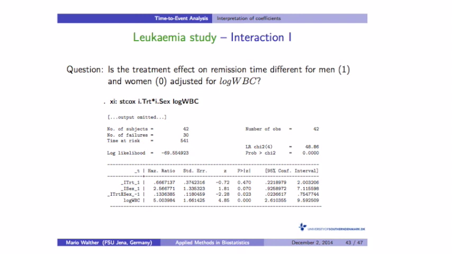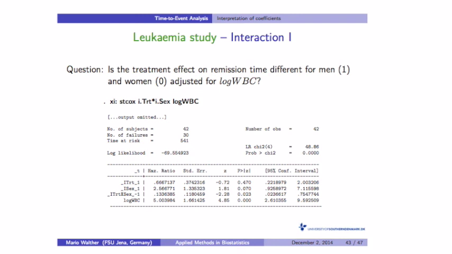I have to include the logarithm of white blood cells in my model because it is a confounder. To incorporate an interaction term between treatment and gender, I have to combine them with the star symbol and put the xi option before stcox.